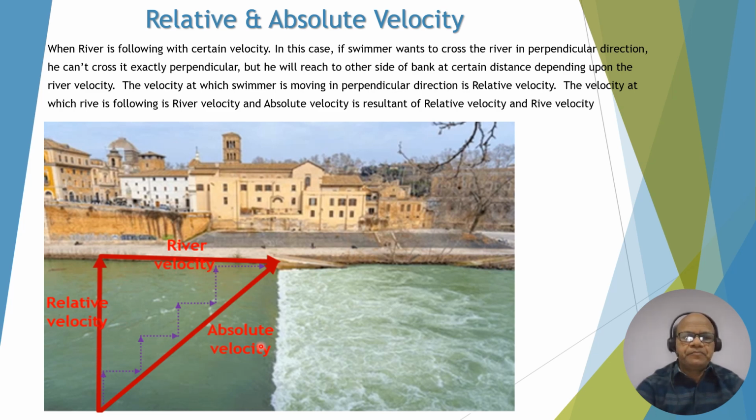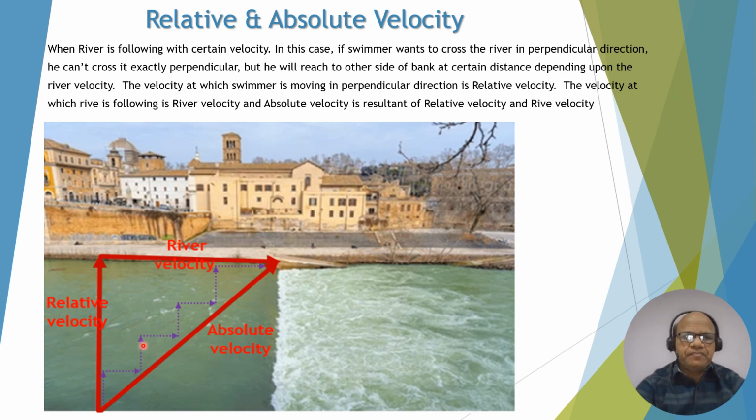If you see, in small increments, what is happening in fact: if a swimmer moves a certain distance, he will be carried away by the water and reaches this point.